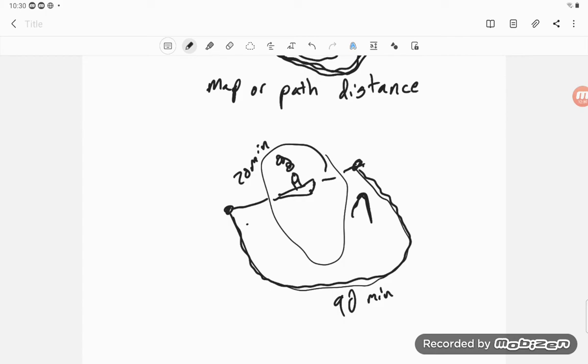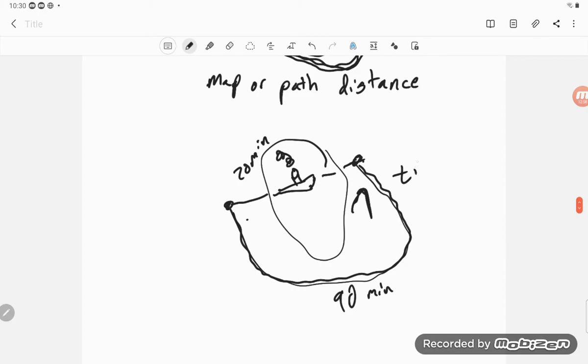But see, what we understand is sometimes it matters what the traffic and the roads and so forth are like. Are we getting on an expressway, or are we going through a bunch of city traffic with a bunch of stoplights? And so then all of a sudden here, we're talking time. So, you know, the distance could be in time.